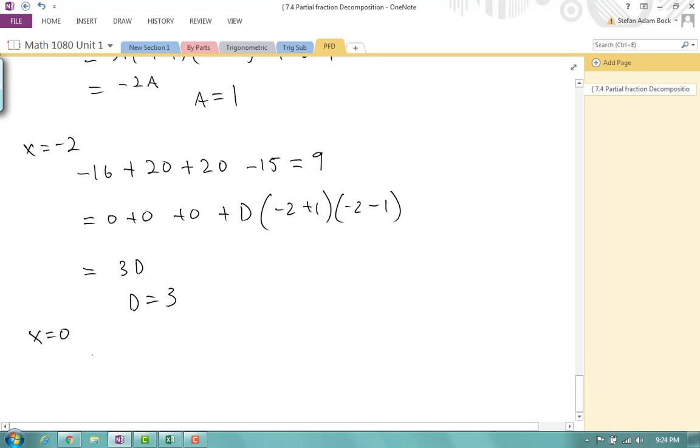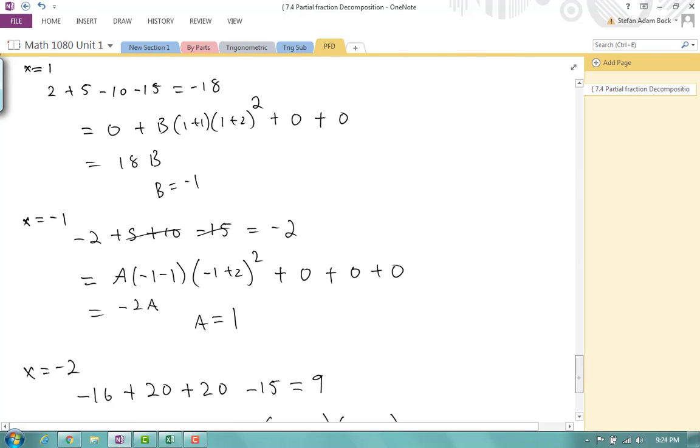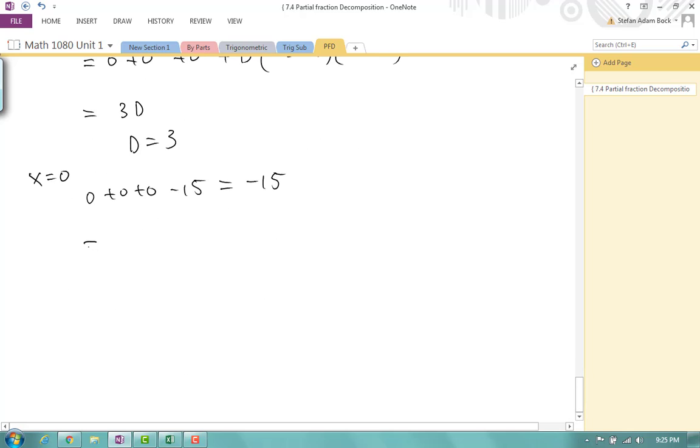If I plug 0 in on the left, I'll have 0 plus 0 plus 0 minus 15, so I get minus 15. And if I plug 0 in on the right, I'll get minus 4a plus 4b minus 2c minus d, but I know that a is equal to 1, b is equal to minus 1, and d was equal to 3.